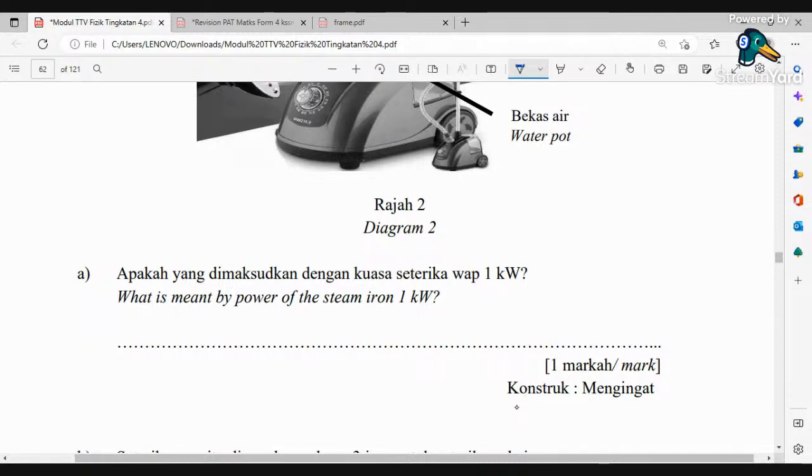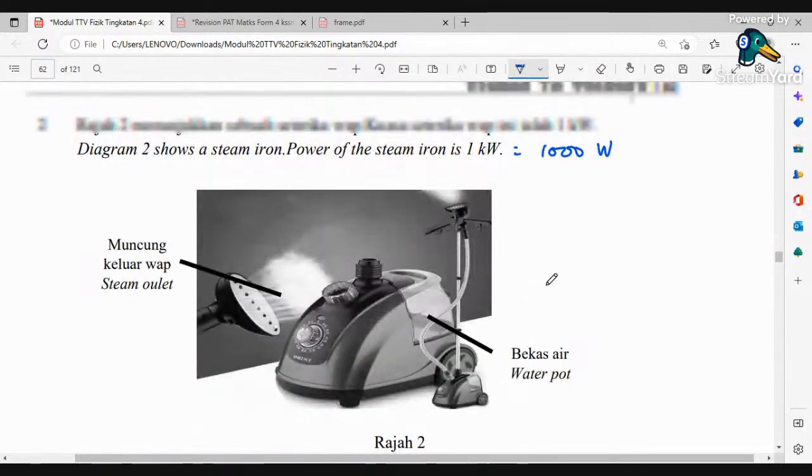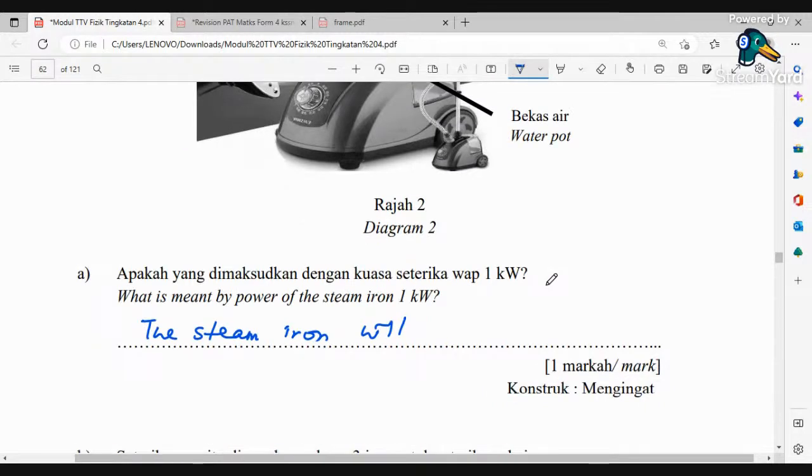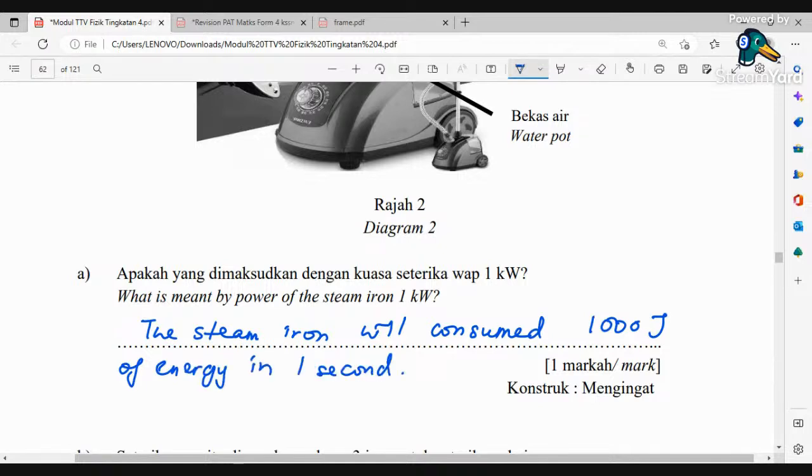Means the steam iron will consume of energy in 1 second.